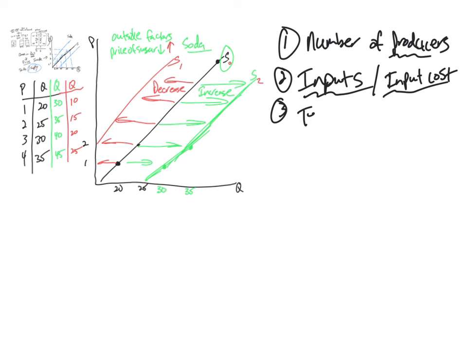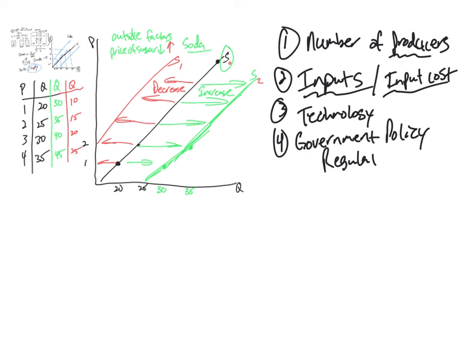Number three is technology. Like the assembly line increasing the supply of automobiles. Some technology makes production better. The fourth one is government policy. Sometimes the government can get involved through regulation, through taxes, through subsidies.